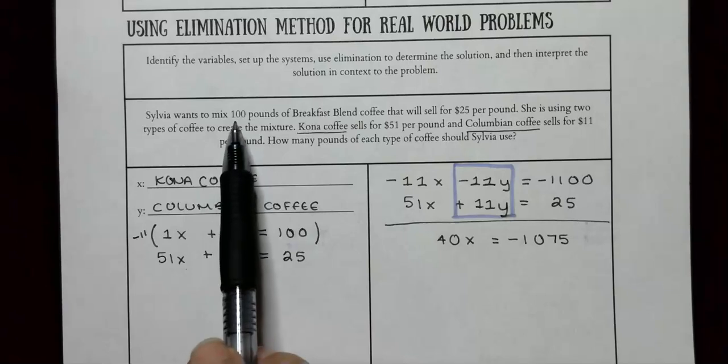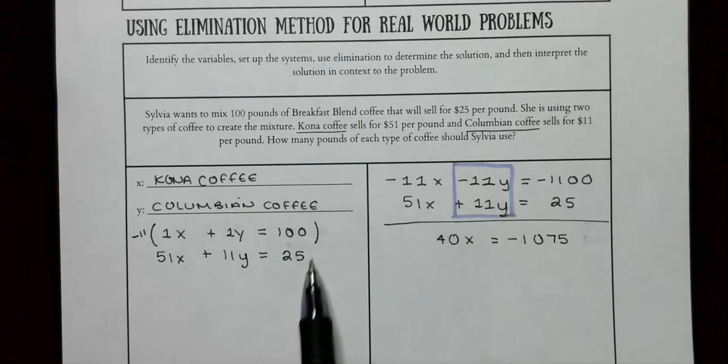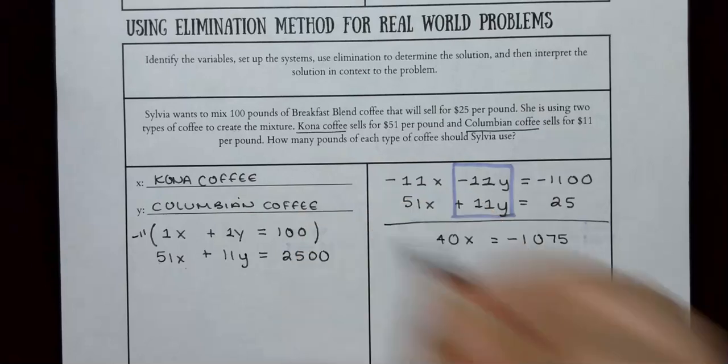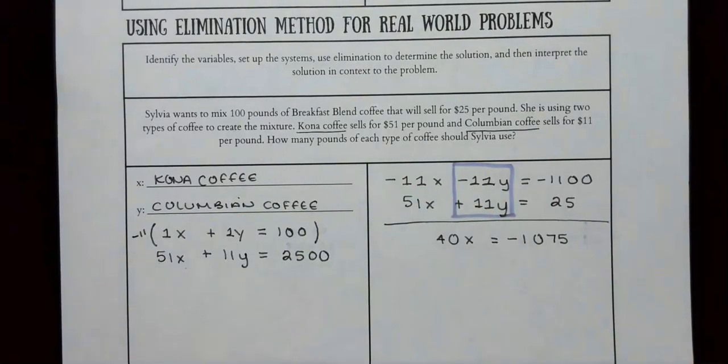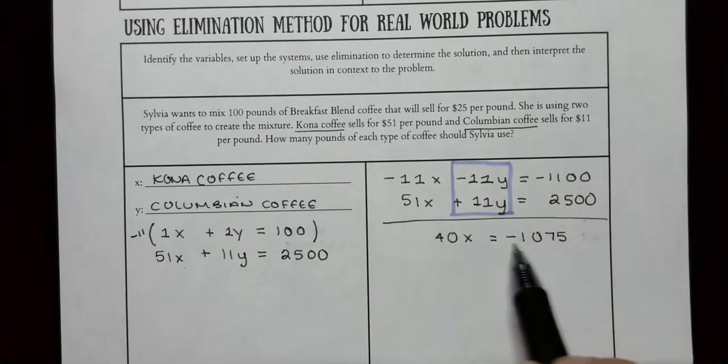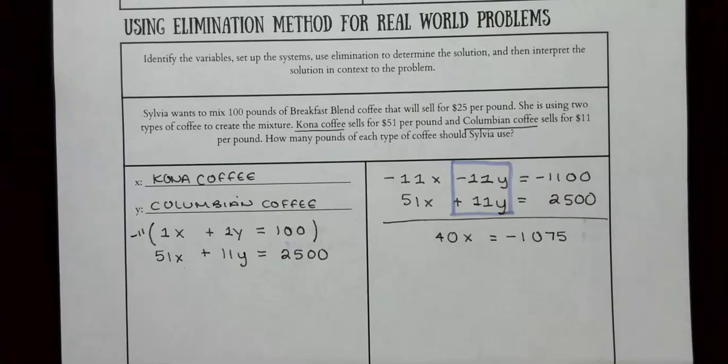So we actually need to multiply these two numbers and set it right here. If you multiply 25 times 100, you're going to get 2,500. So let's go ahead and add those zeros there, and that means I'm going to add these zeros here. So we actually have to go back and change this number right here, because now we're going to take a negative 1,100 and we're going to add 2,500 to it.